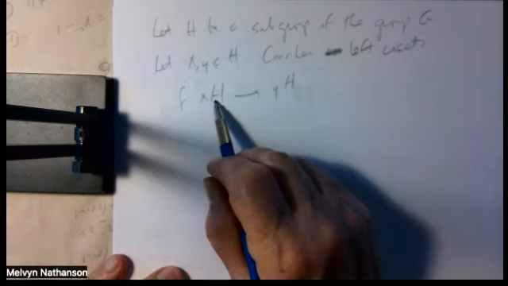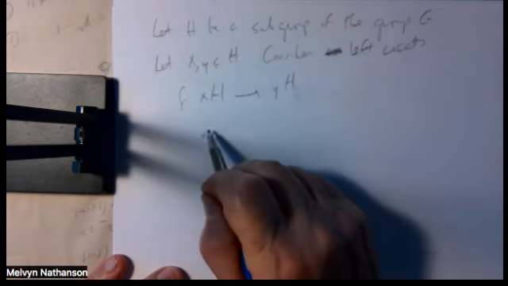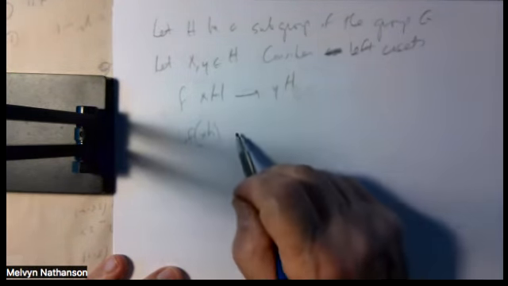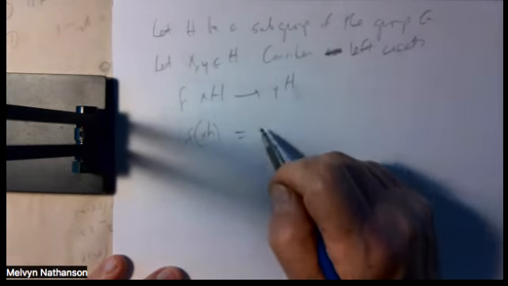I can define a function from xH to yH as follows. Everything in this left coset is of the form x times little h. Define f of x times little h to be y times little h.